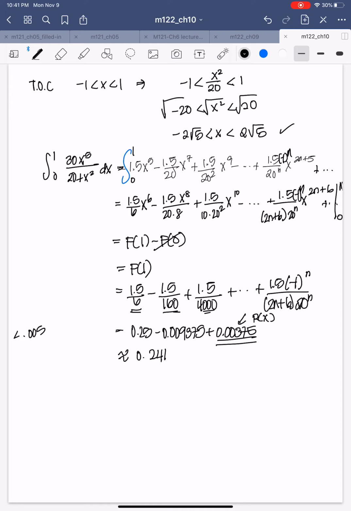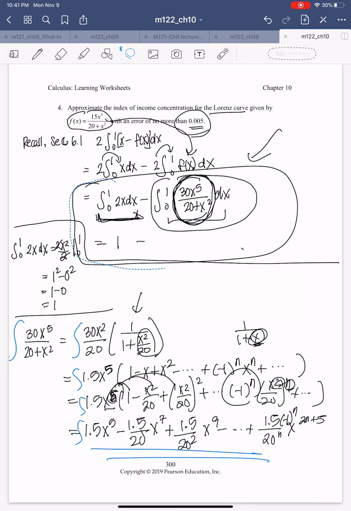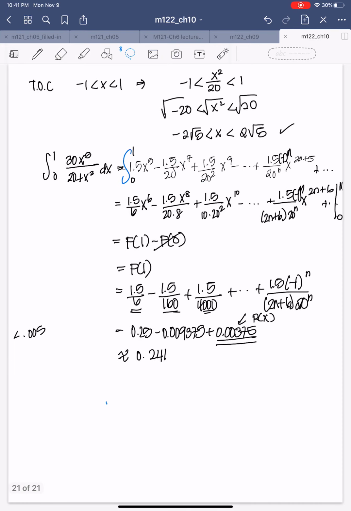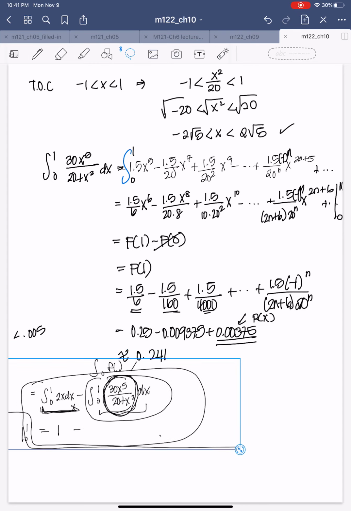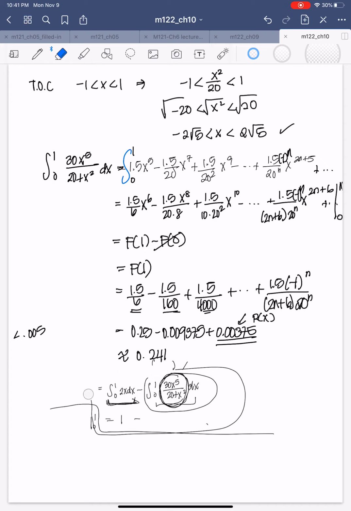But we are not done. Remember your whole equation. Let's go back. Don't forget it was this one. We only needed this part here. So let's actually calculate that, because remember I separated the terms. So I'm going to go back and then add this. Don't forget our original equation was this.